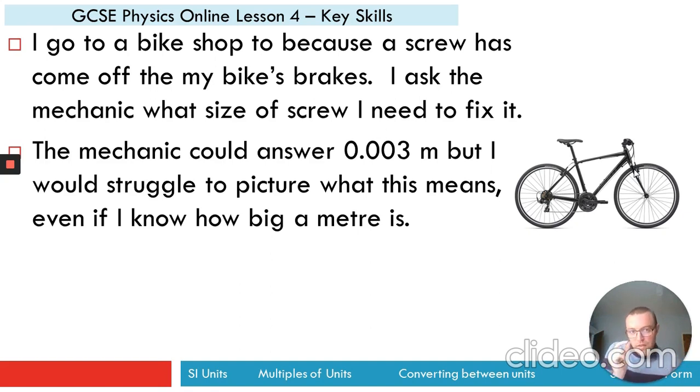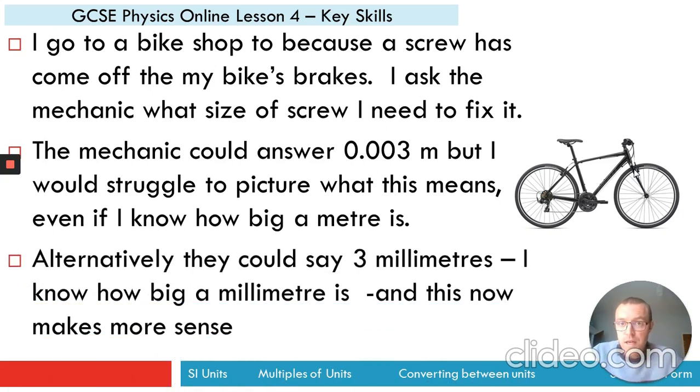But to think of 1,000th of a meter, it's difficult. It'd make a lot more sense if the mechanic was to say 3 millimeters, you need a 3 millimeter diameter screw. Now I've got a picture in my head of how big 1 millimeter is pretty well. It's very small, and 3 of them is very easy for me to think of.